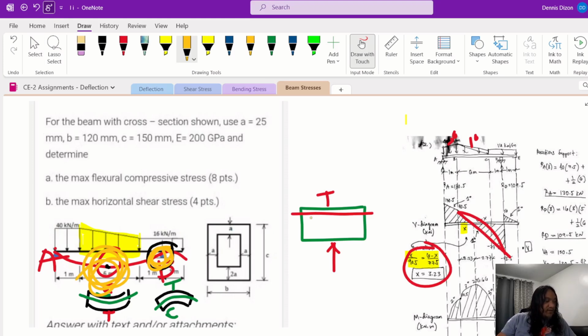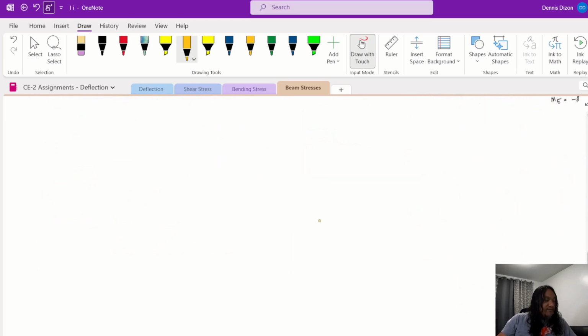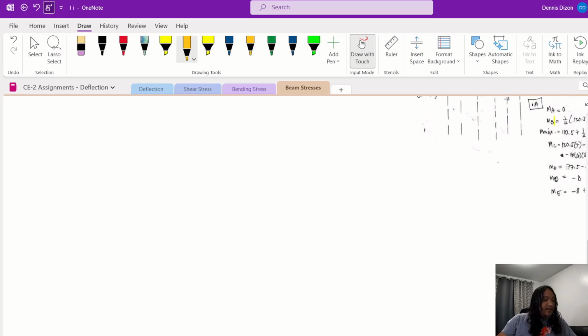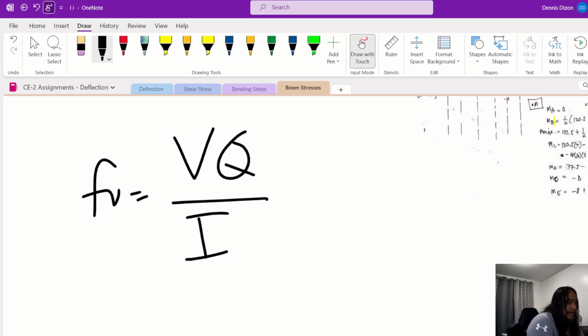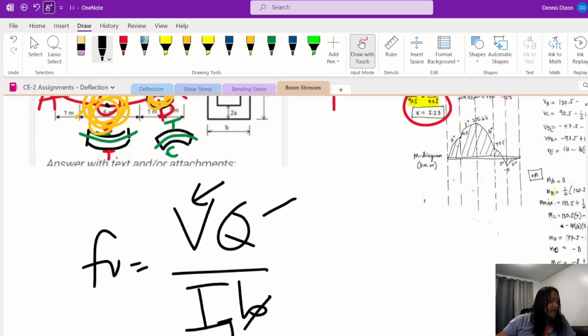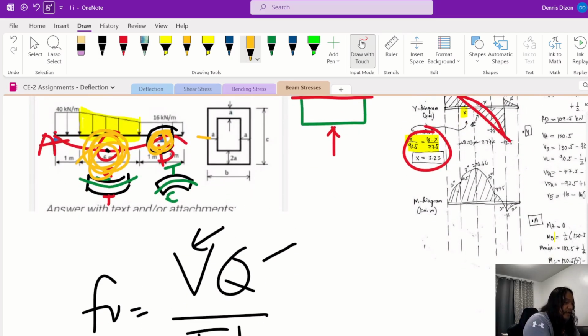Now, for the maximum horizontal shear stress, letter B, our general equation is the shear flow, V times Q over I B. V is your maximum shear, Q is your first moment of area, which we already calculated, and then B, from the cross section, we will be cutting at this section here.